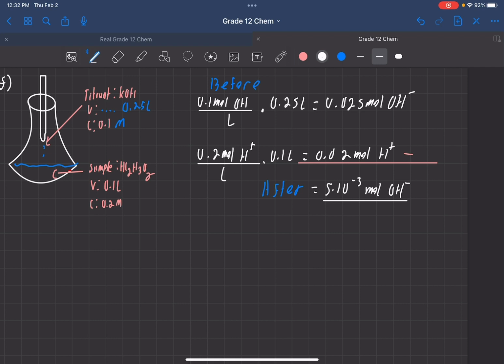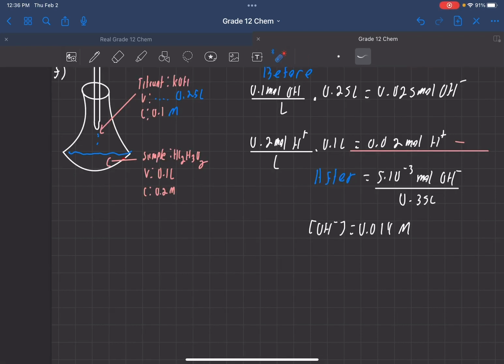So 0.25 liters plus 0.1 liters, that's 0.35 liters, and we end up getting a concentration of this hydroxide in the solution after the titration of 0.014 molar. Okay, so what are the entities in this solution after the titration?